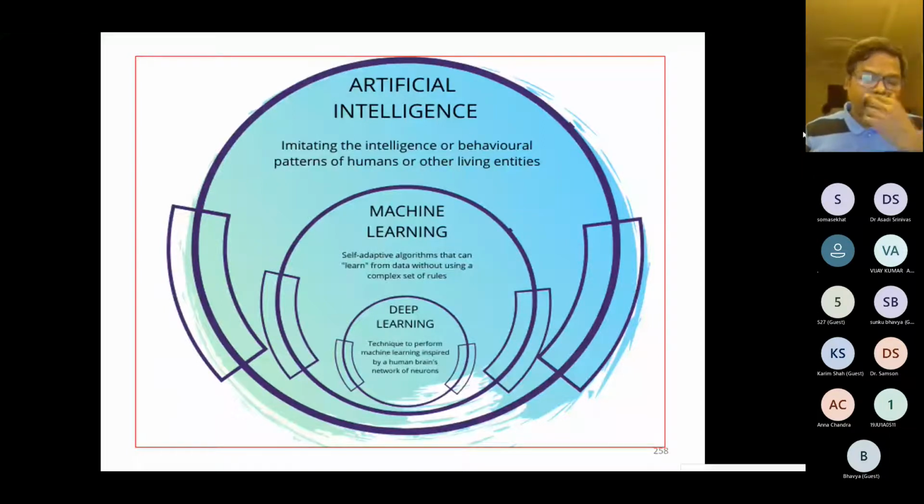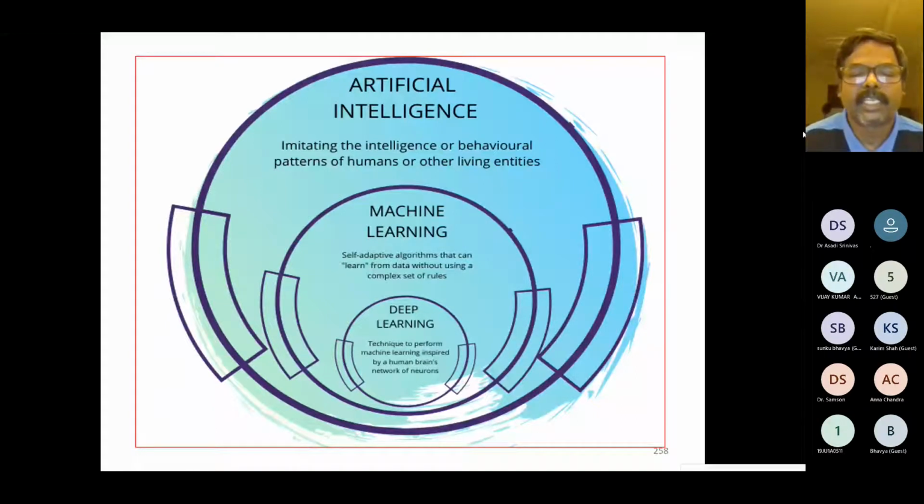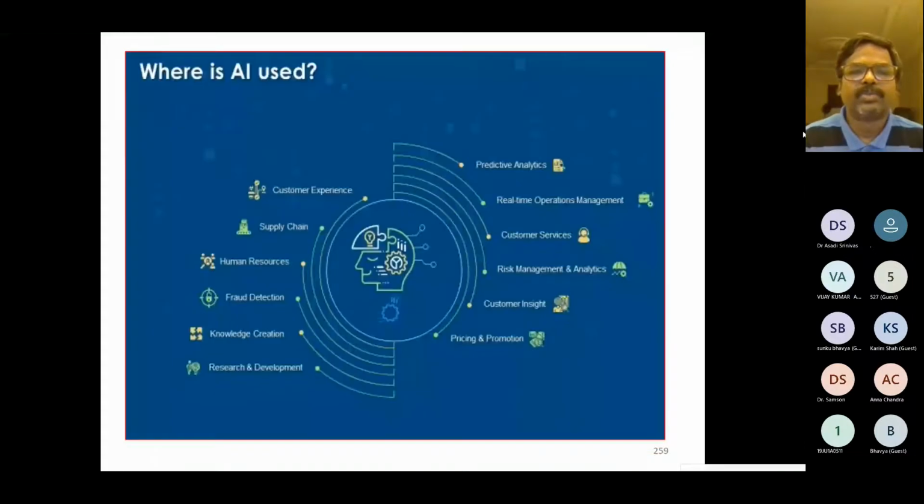By using three approaches, supervised learning, unsupervised learning, and reinforcement learning, we are solving machine learning applications. Then deep learning is learning from the observational data in a deep manner by applying more input and hidden layers. Deep learning techniques perform machine learning inspired by the human brain's network of neurons.